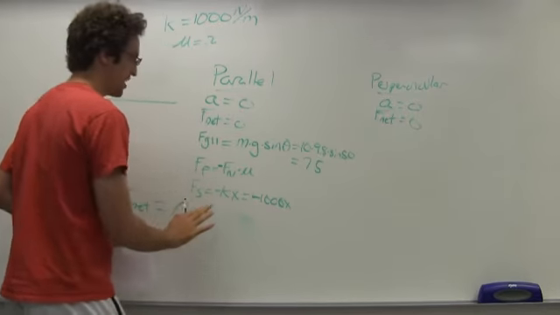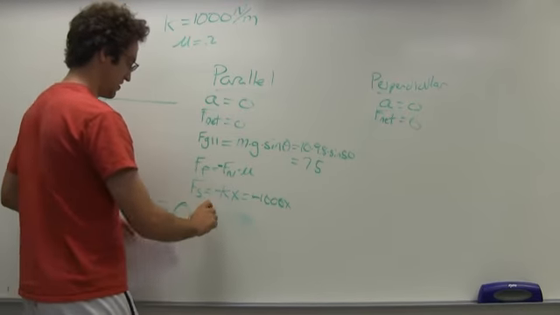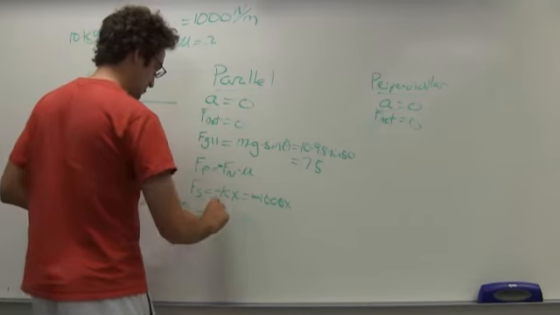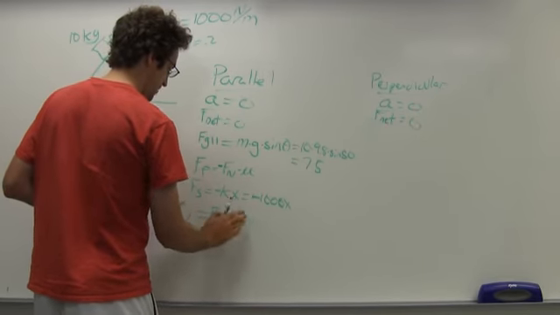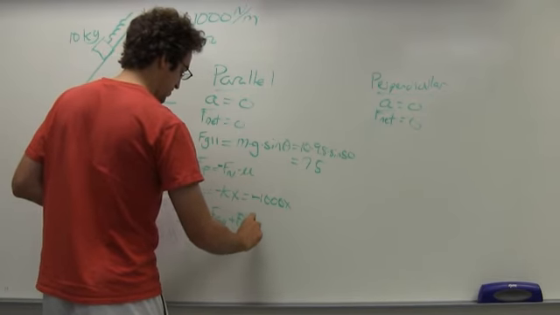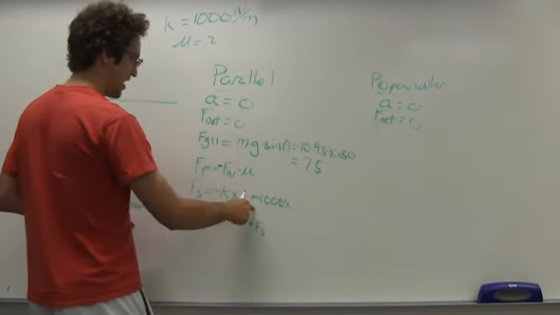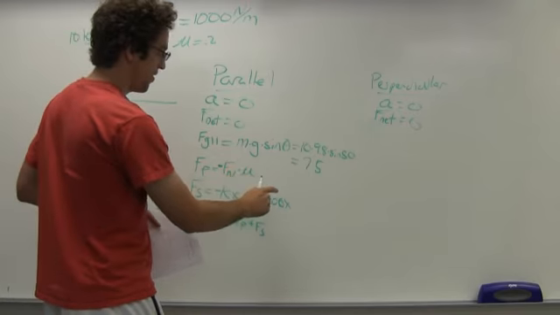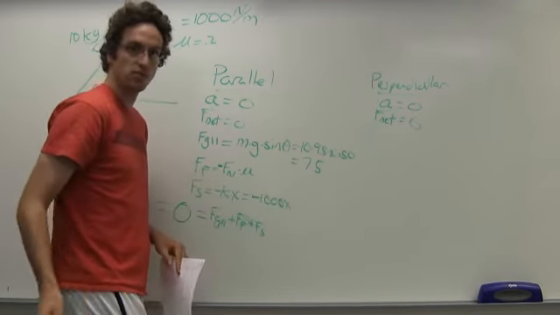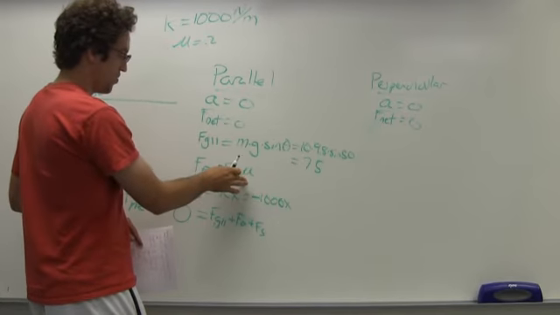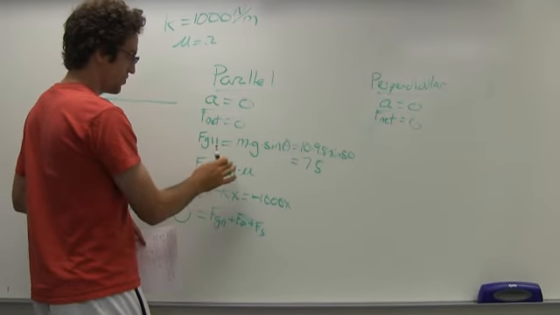We're going to add these all together in a second. So that's going to be equal to Fg parallel plus frictional force plus spring force. We know 0, we know this one fully, this is our variable x that we're trying to find, and we don't know this one. So we have to figure this out.